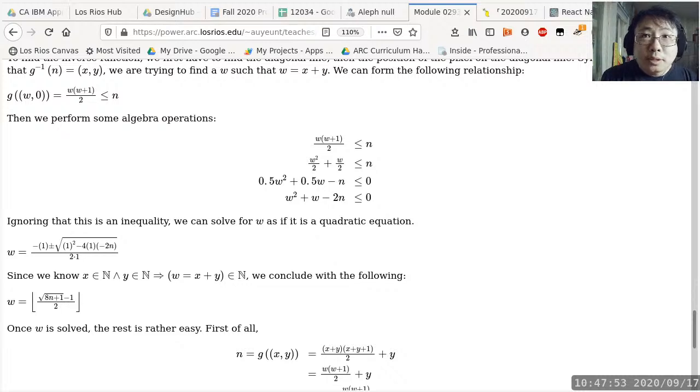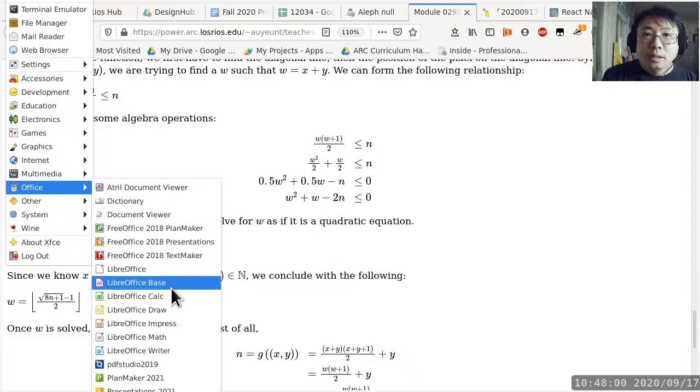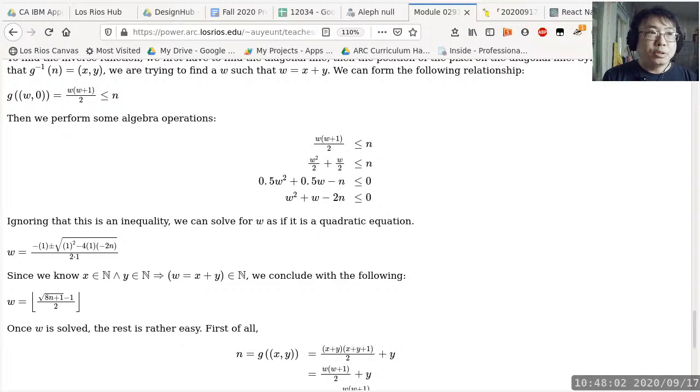Let me see if I still have it. I think I rebooted the computer, so I just have to start it again. I'm going to bring up that picture again. It was a Google Doc. I forgot about that too.